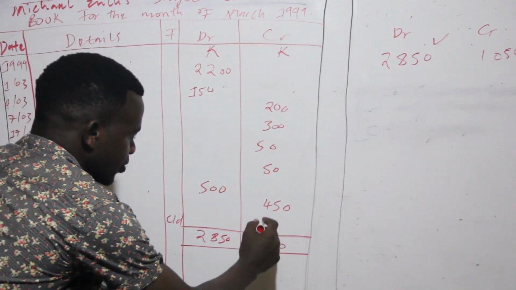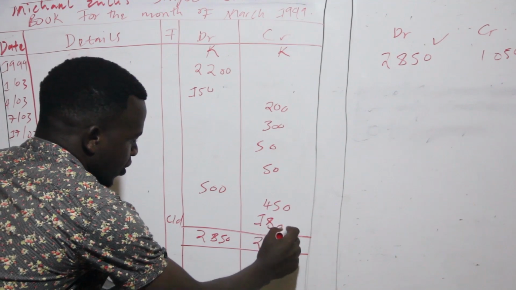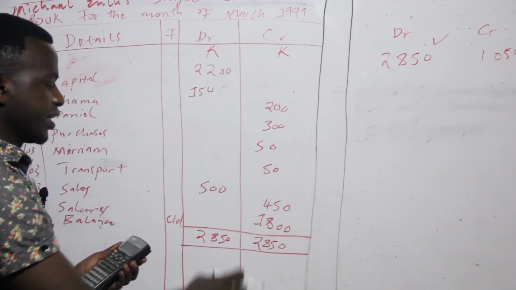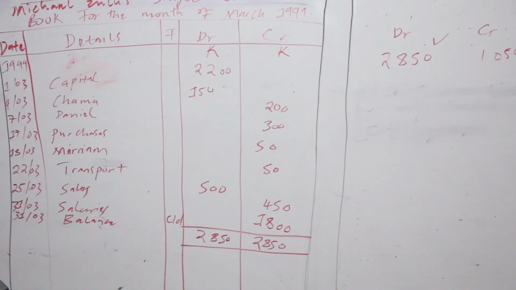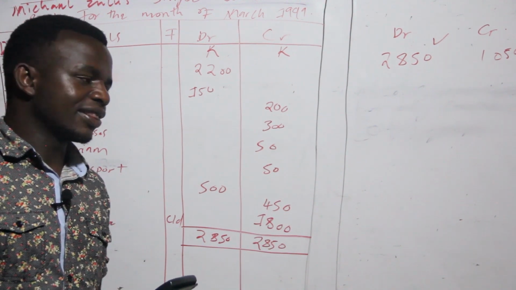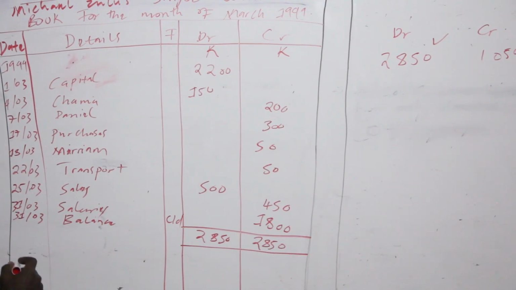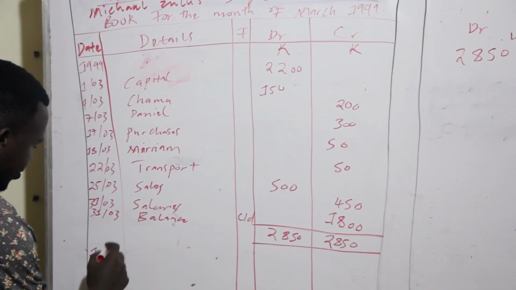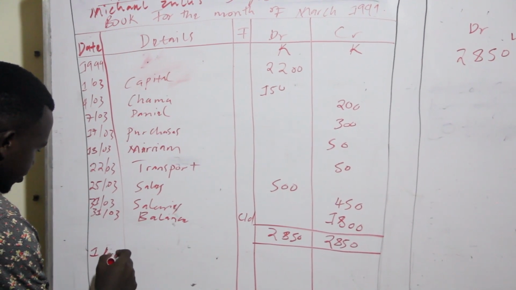So we are supposed to put 1800 on the credit side so that it can balance up with the debit side. So after we do that, we now record our balance brought down. And the balance brought down is recorded at the next month, at the beginning of the next month. So we're going to say 1st of April, sorry, 1st of April.